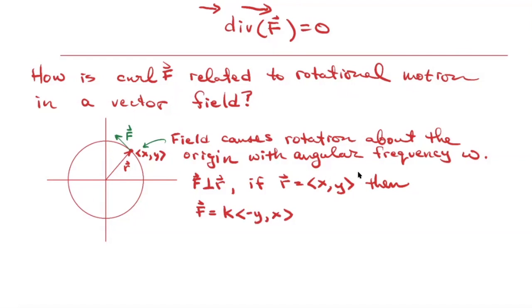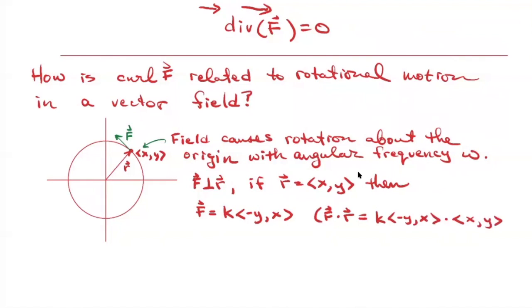Just note that the field dotted with r is k times negative y comma x dotted with r, which is x, y.